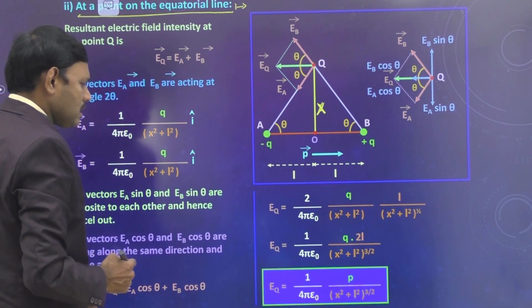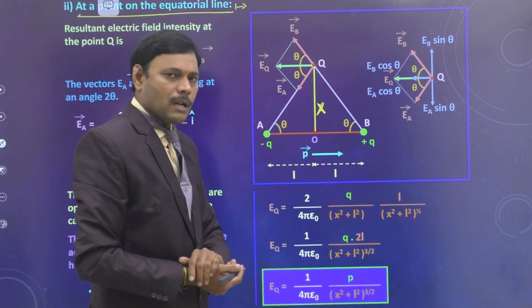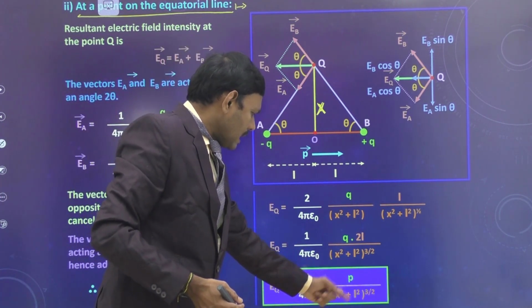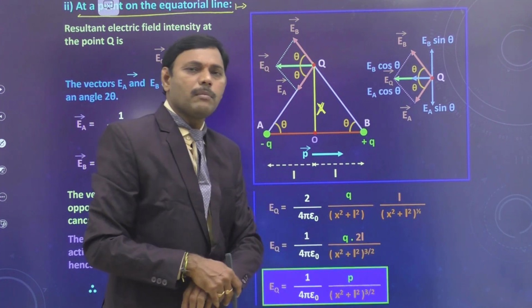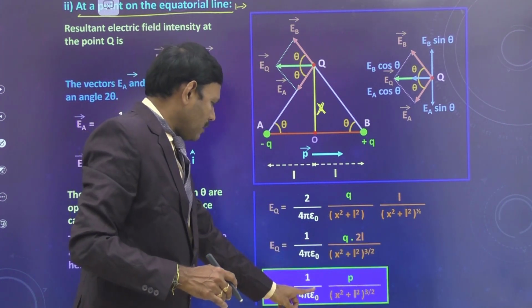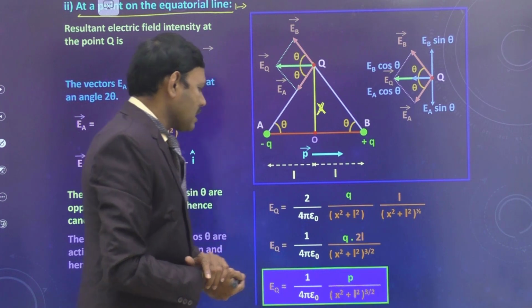Hence, the expression is 1 by 4 pi epsilon naught, P by (x square plus L square) whole power 3 by 2.